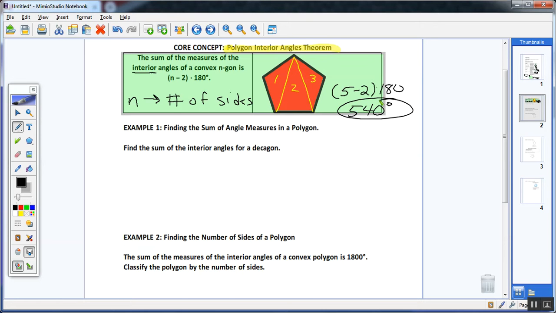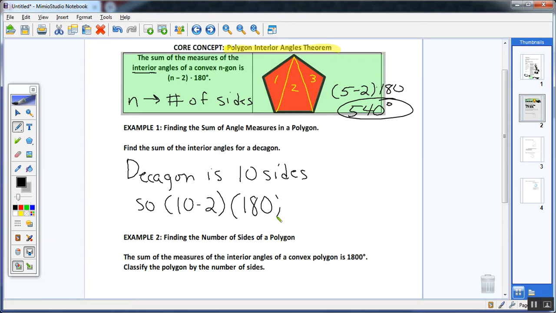So let's talk about this right here. It says finding the sum of the measures of the interior angles in a polygon. Find the sum of the interior angles for a decagon. Well, a decagon is how many sides, kids? A decagon is 10 sides. So you go 10 minus 2 times what?